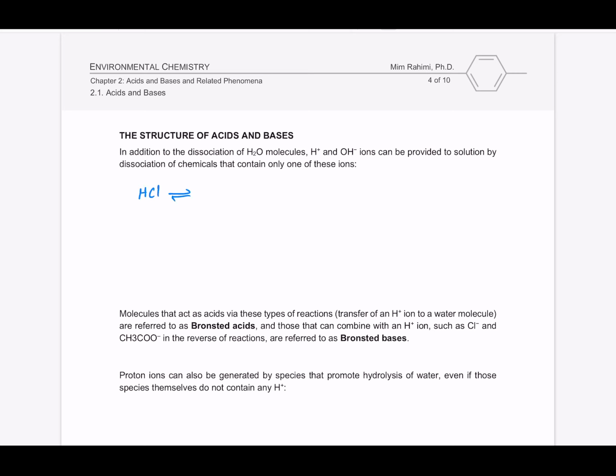So imagine you have HCl, it dissociates into H plus plus Cl minus. And we know the K value, let's say, is way bigger than 1. So it's fair to say if you add 1 mole of HCl, you're producing 1 mole of H plus. You're introducing that to the system.